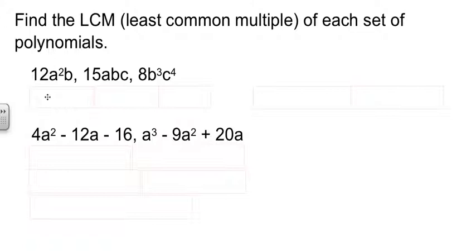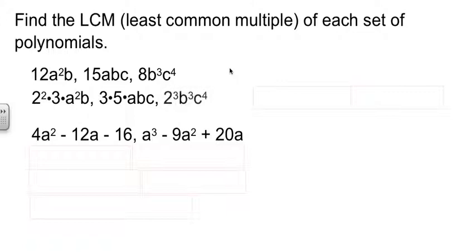So 12a squared b, 12 is 4 times 3, which is 2 times 2 times 3, times a squared times b. 15abc is 3 times 5 times a times b times c. And 8 is 2 to the third, 2 times 2 times 2 is 8. And then you have the b cubed and c to the fourth.